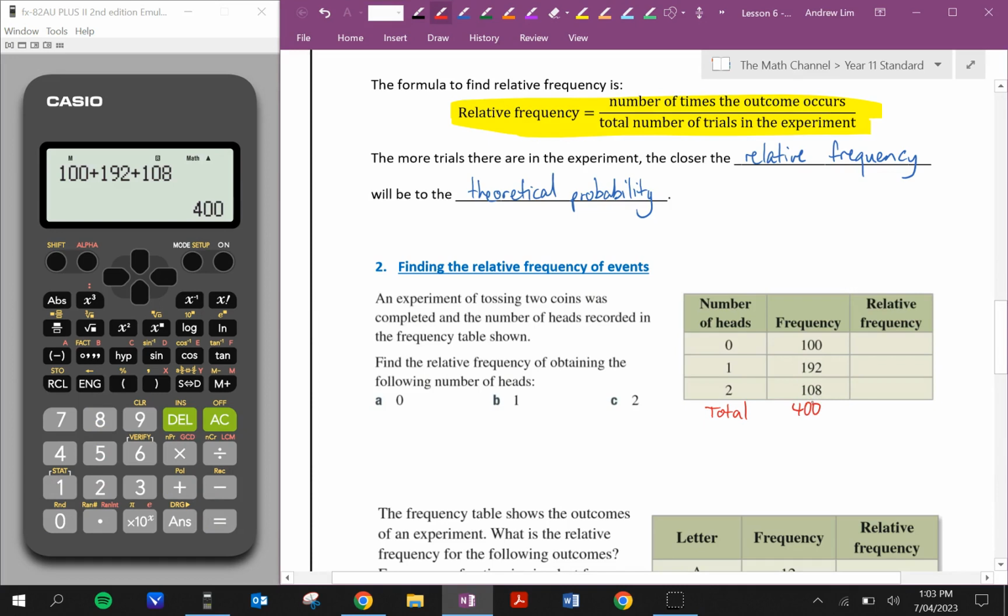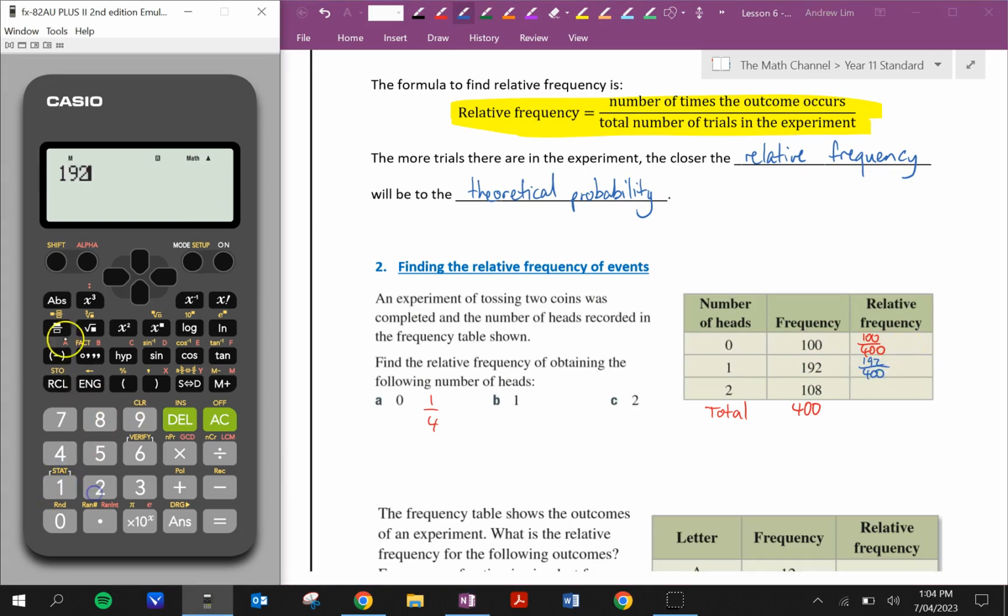So the relative frequency of getting 0 heads is 100 out of 400, or 1/4. Of getting 1 head is 192 out of 400.